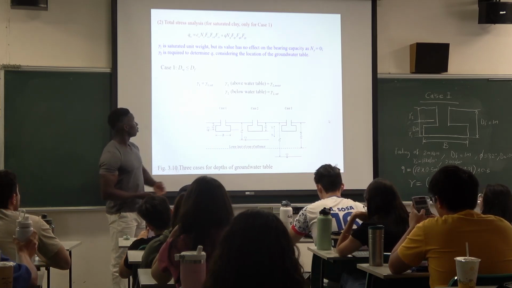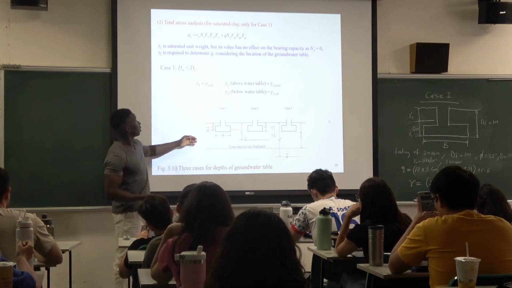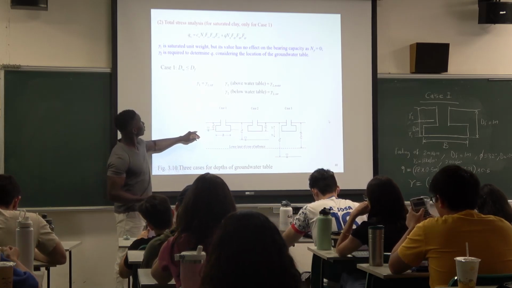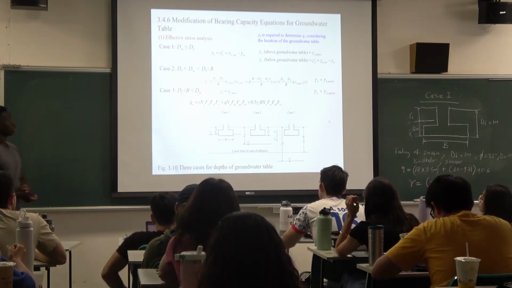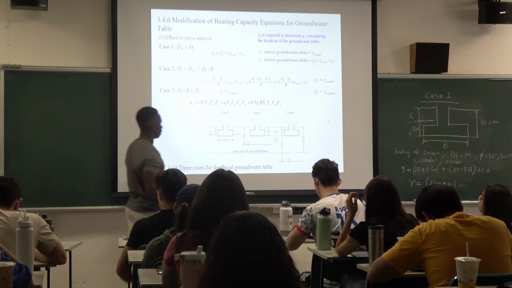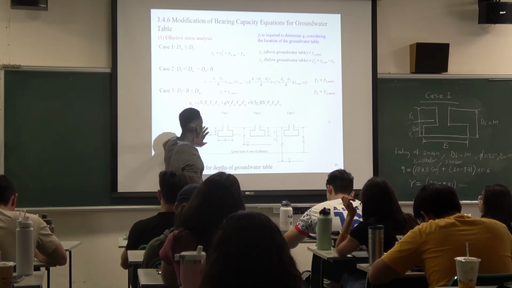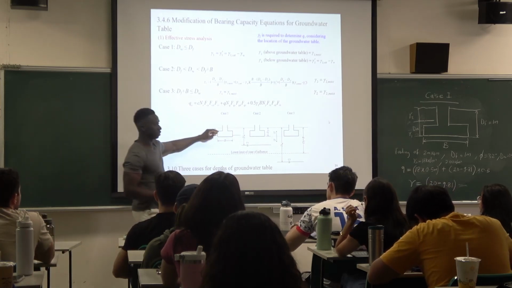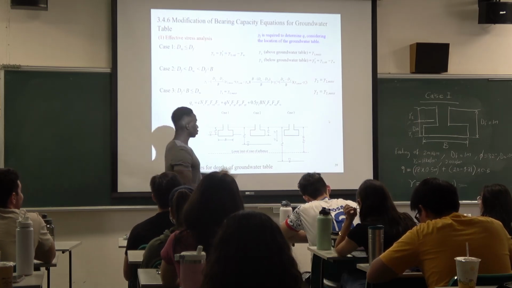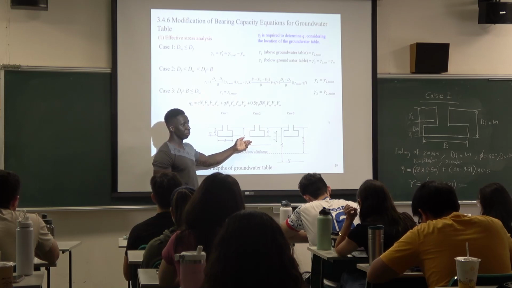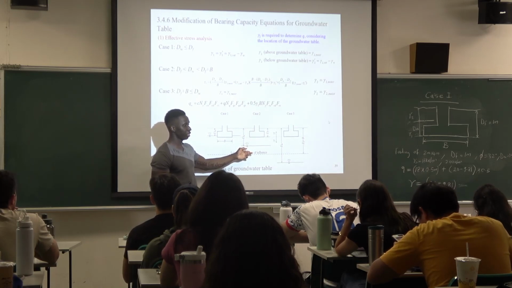Okay, so for case 1 here, we mentioned that the water level is above the base of the footing, right? But for case 2, the water level is a little bit below the base of the footing, okay?